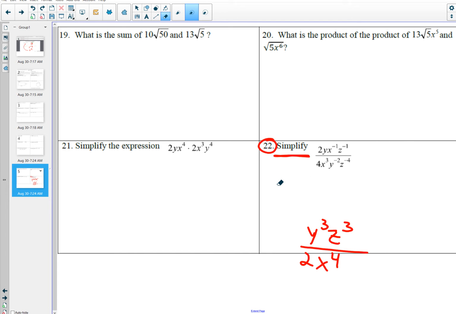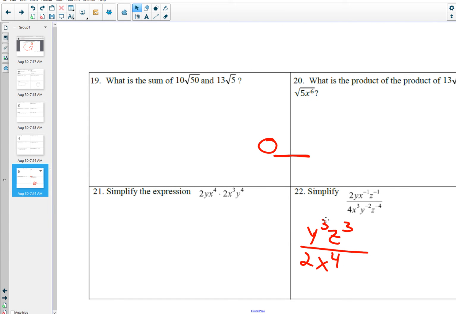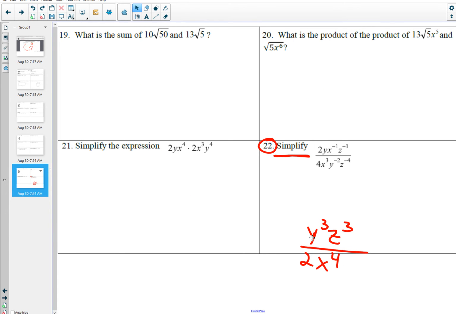And if you want maybe a more convenient way of doing this, here's another way to think of this. Notice how I removed that first step. You still have to reduce the 2 and the 4. That doesn't change.